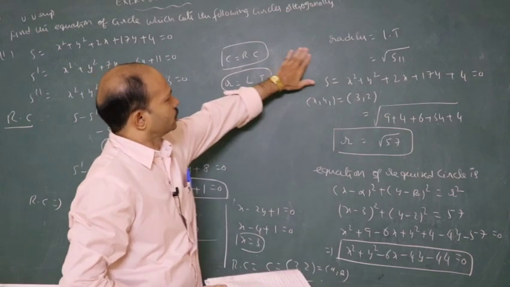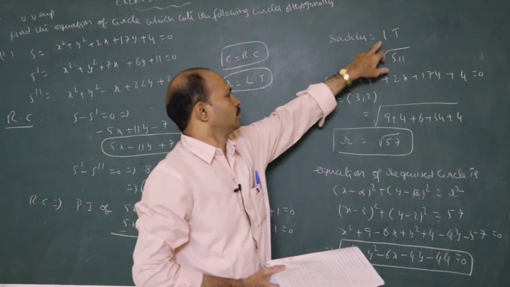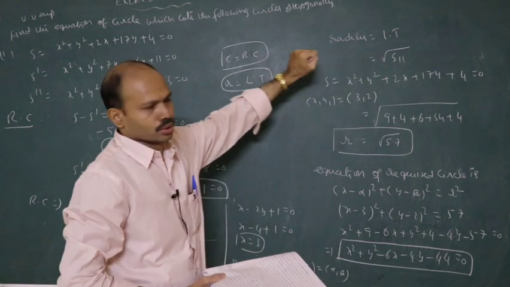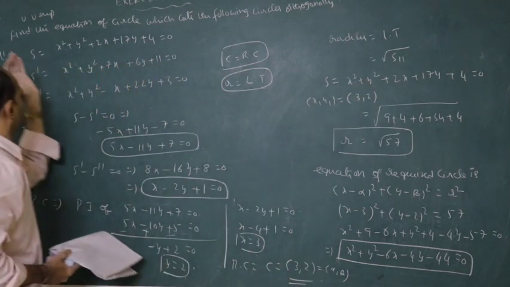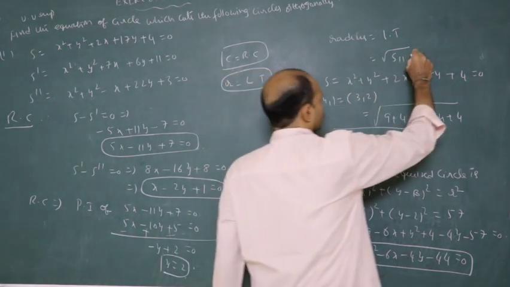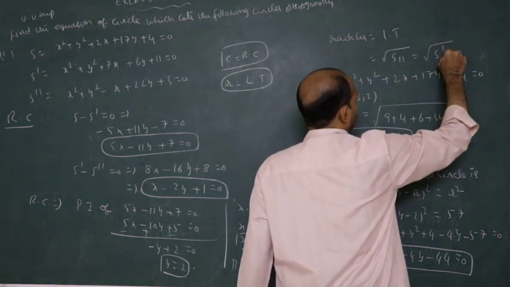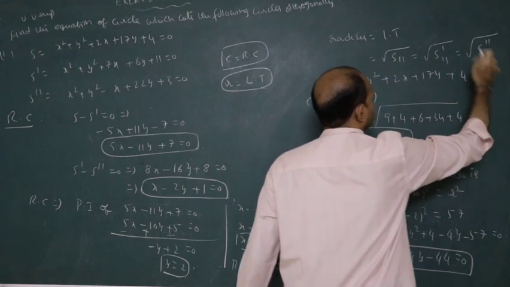We want the radius. I said just now, radius is nothing but the length of tangent. What is the formula of length of tangent? You know. And for writing this root S11, I said you may write S or S dash or S double dash. You may write it as S dash 11, or S double dash 11.